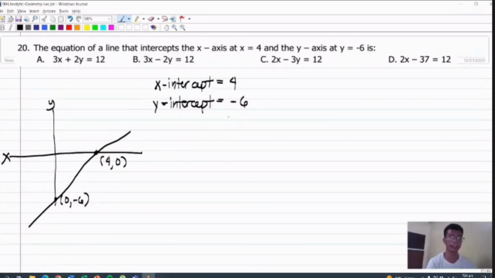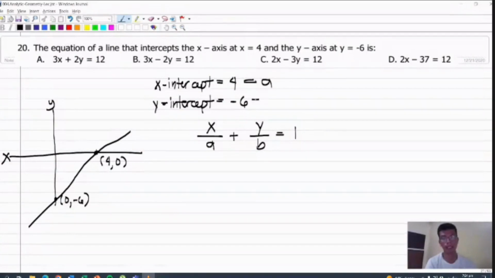And ano ba ang pattern natin kapag intercept form? That is x over a plus y over b is equal to 1. So yung x-intercept natin, that is the a. The y-intercept is the variable b. So substituting x over 4 plus y over negative 6, that is equal to 1.